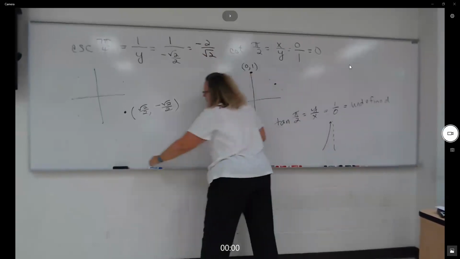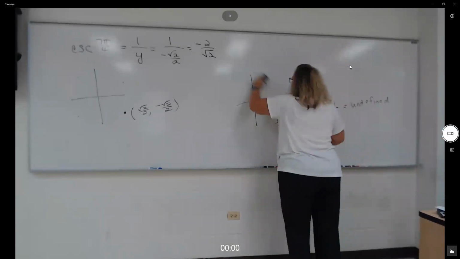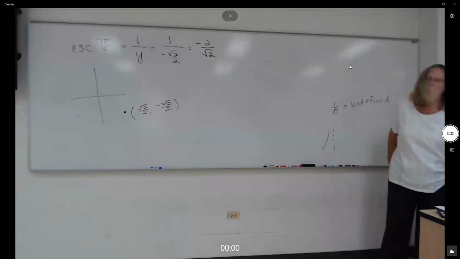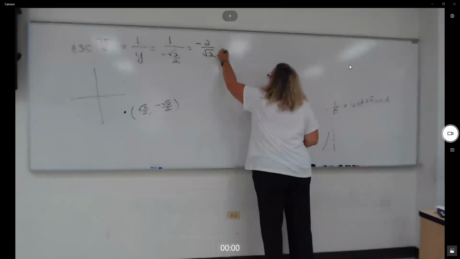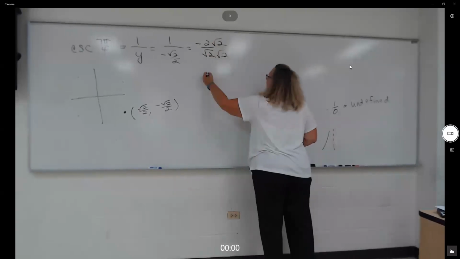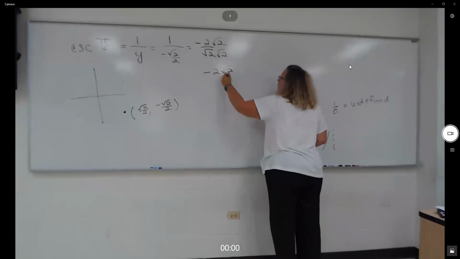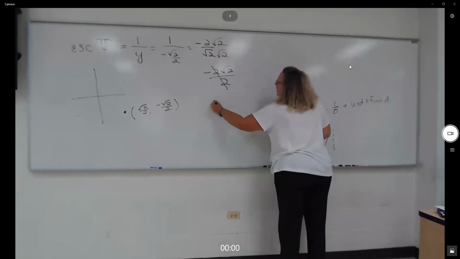This one we probably should rationalize. When we rationalize, what happens? We get negative 2 square root of 2, but the square root of 2 times the square root of 2 is 2. And that cancels, so negative square root of 2.